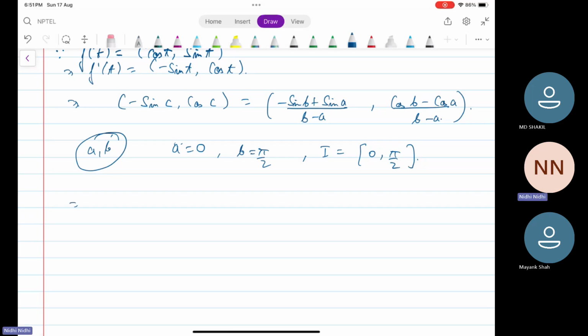This implies (minus sin c, cos c) is equal to sin b, sin pi by 2 is 1, so this is minus 1 plus sin a, sin 0 is 0, by pi by 2, comma, cos b, cos pi by 2 is 0, cos a, cos 0 is 1, by pi by 2.